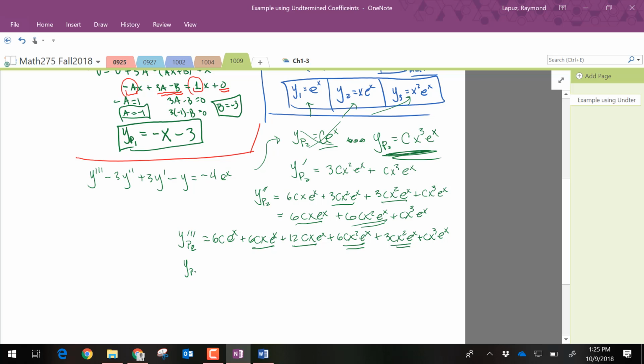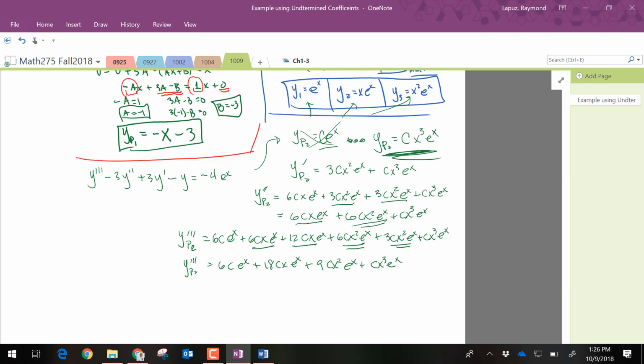So y p2 triple prime is equal to 6c e to the x plus 6 and 12 is 18, cx e to the x, and then 9cx squared e to the x, and then plus cx cubed e to the x. I'm glad there's no negative signs here. That would have confused things a lot more.